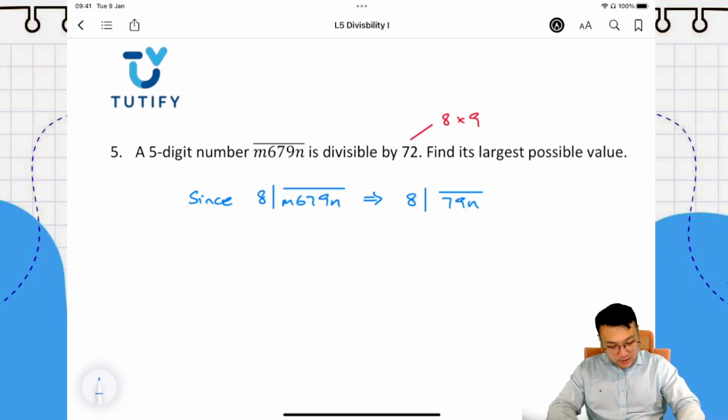So therefore, what is n? It can be 2. Very good. Let me think how I want to write this. Maybe I just draw another arrow.